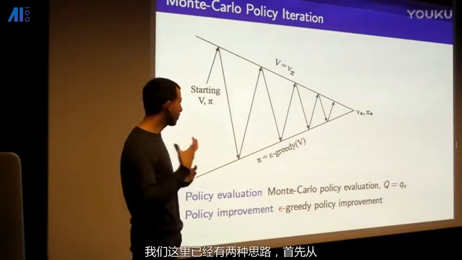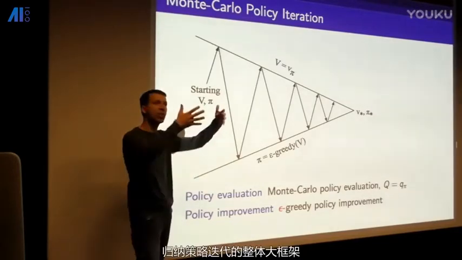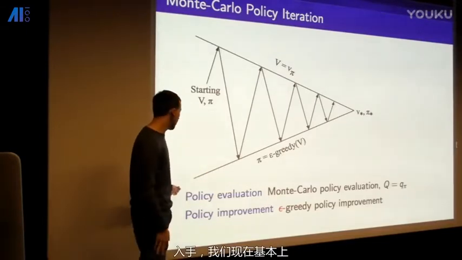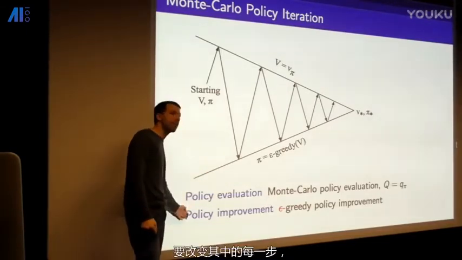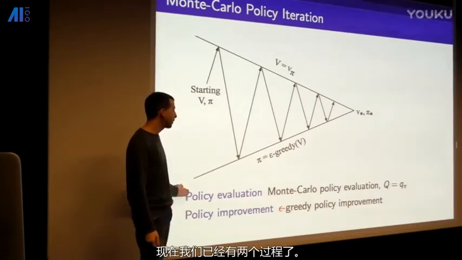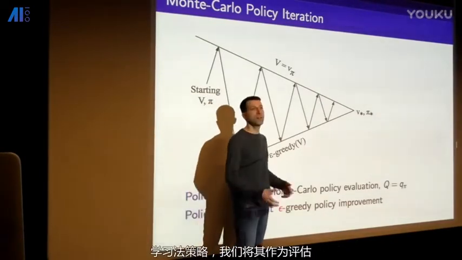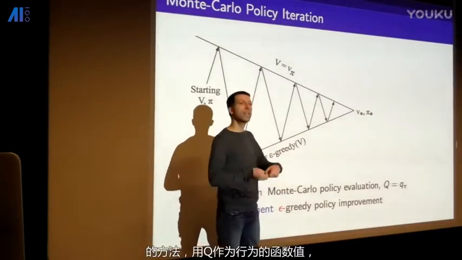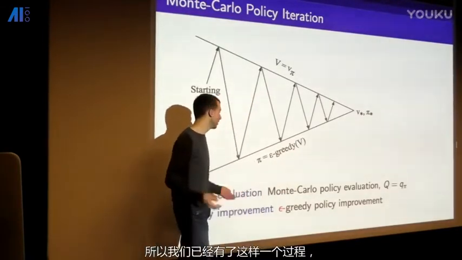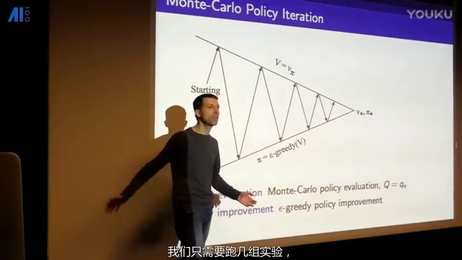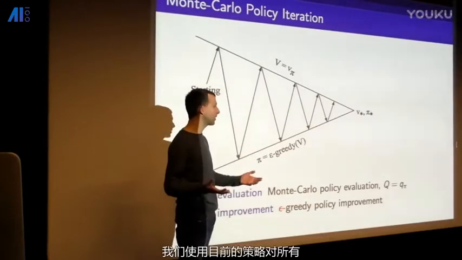So we've got two ideas now. We started with this generalized policy iteration framework, and we've changed each of these steps now. We have these two processes. For the policy evaluation, we're now plugging in Monte Carlo as our way to evaluate our policies using Q, using the action values. So we've got this one process here where we just run some episodes using our current policy.